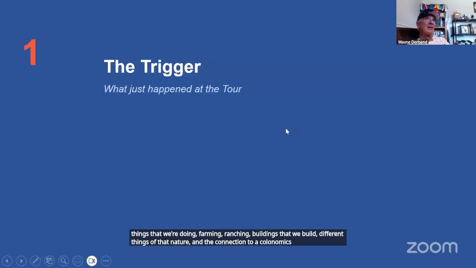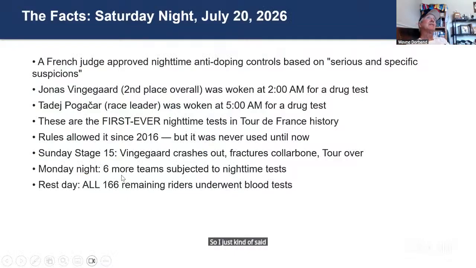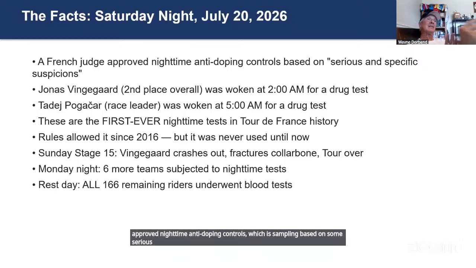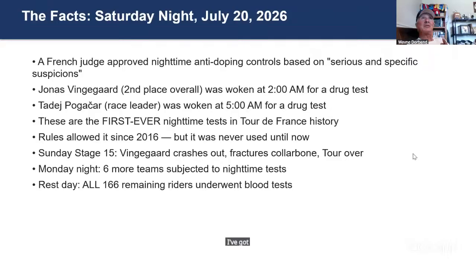So I just kind of said what happened. A little more detail. A French judge approved nighttime anti-doping controls, which is sampling, based on some serious and specific suspicions.